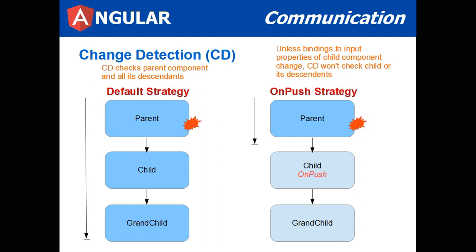So in a child, you could define the change detection strategy to be OnPush. And if there's a change in the parent component, the change detection will not check the child or grandchild because the OnPush strategy is being used. And be careful when you use this, because you could easily start changing templates and stuff, in which case you might need it. So just beware.